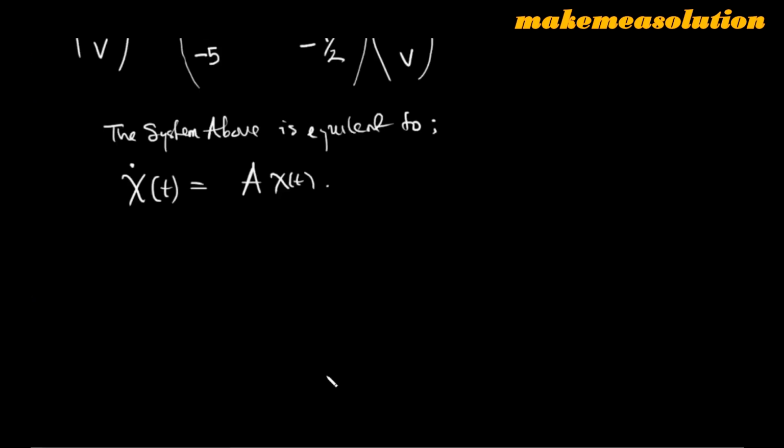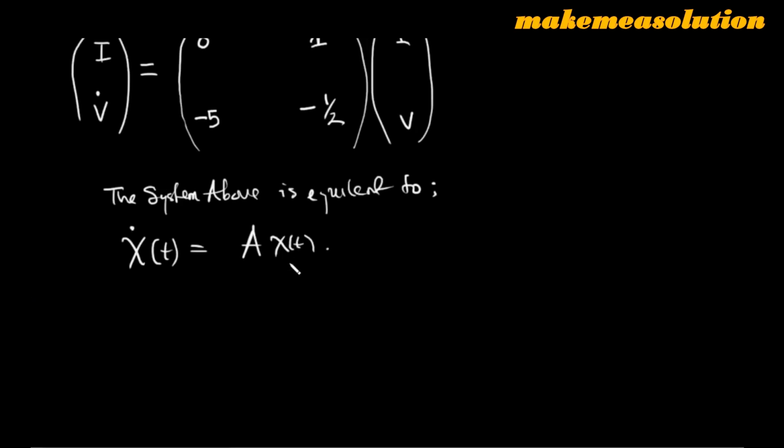Our system is equivalent to a system like this, and anytime we have a system like this, the solution x of t is given by some eigenvector v times exponential lambda t.